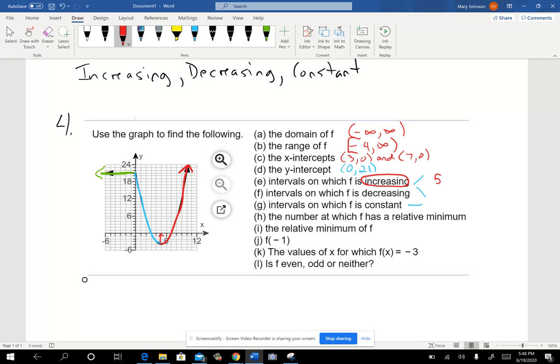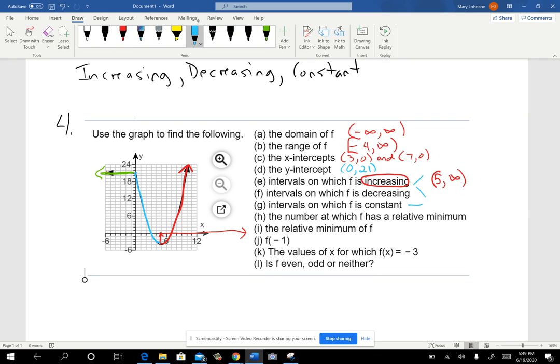So it's increasing from 5, and it keeps going on up all the way for any x value out here. The value of the function is going up. So that's from 5 to infinity. So this is an interval on x upon which the function is going up. And you report it as an open interval. You don't include that endpoint. Okay.